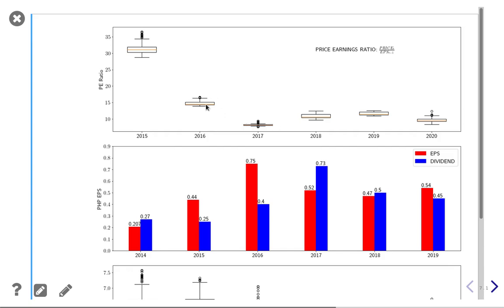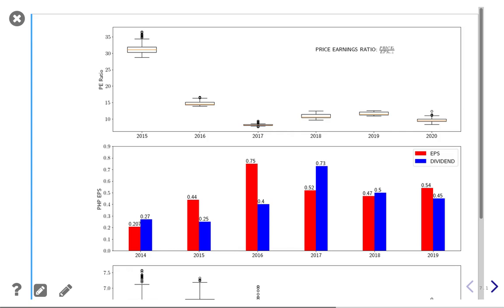Because 2016 was a national election year in the Philippines, so it was already taken into account. 2016 earnings were very high, but it was expected that 2017's earnings would be much lower. So it seems that the P/E ratio reflects the anticipation of earnings for the following year.